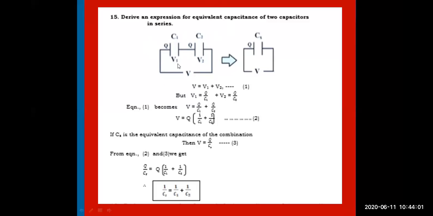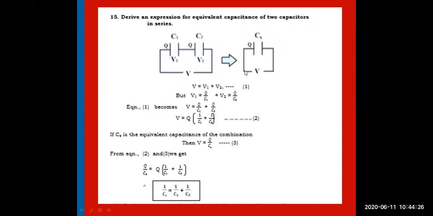Parallel means both the ends have to be connected. Series means only one end to end connection will be there. So you can see here clearly only one end of C1 and C2 are connected. The other ends are connected to the common voltage. So this combination is a series combination of capacitors.